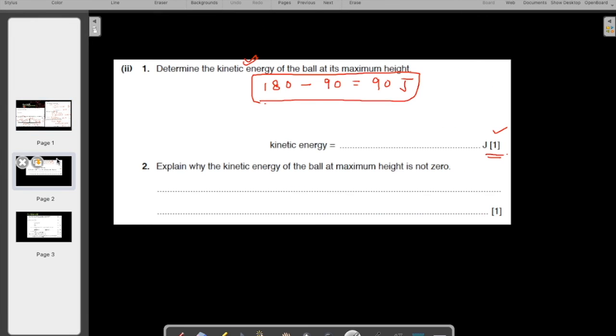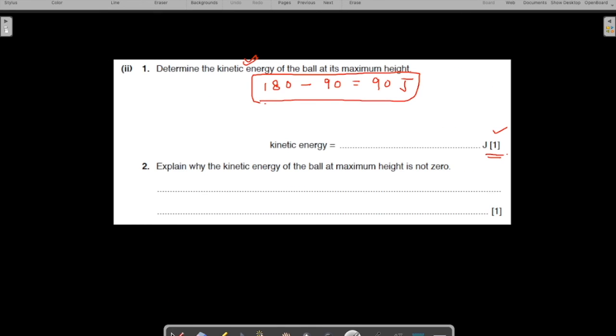So total energy at the starting point was 180 joules, and total energy at the ending point would be potential energy plus some kinetic energy which was left, right? So this kinetic energy is what you have to calculate. This is how you calculate this using the law of conservation of energy, which is an easier way of doing this question.